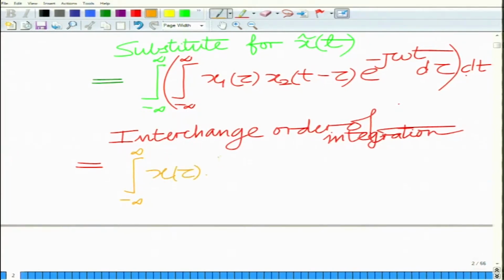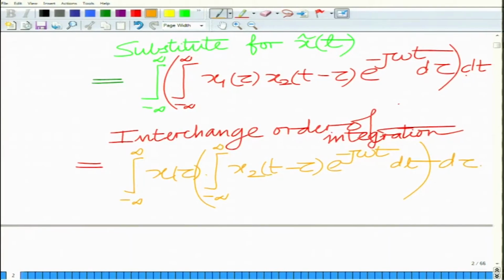So you have x1 tau, and the inner integral from minus infinity to infinity of x2 t minus tau e raised to minus j omega t dt, times d tau. That is, the outer integral has now become with respect to tau.